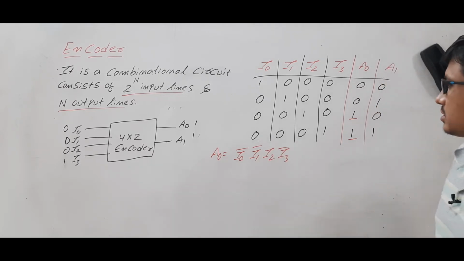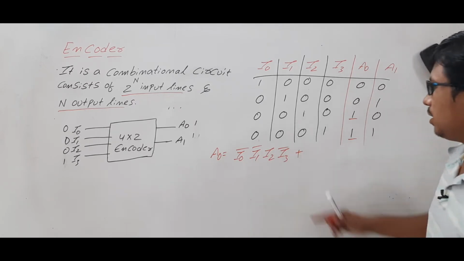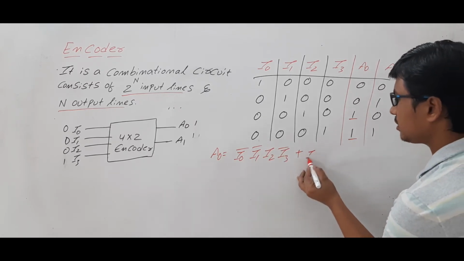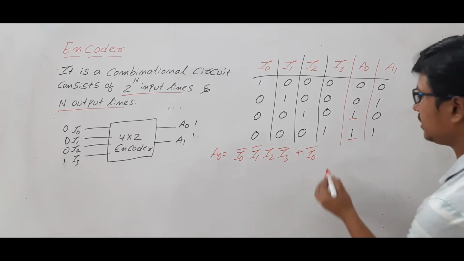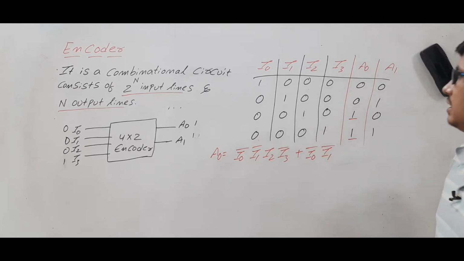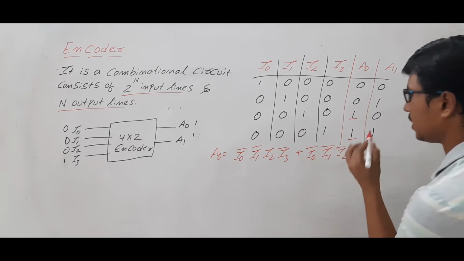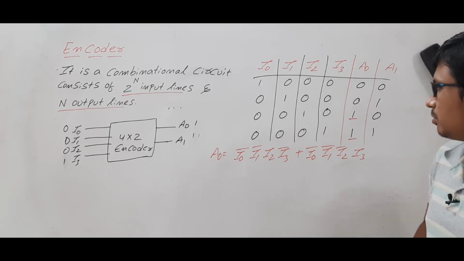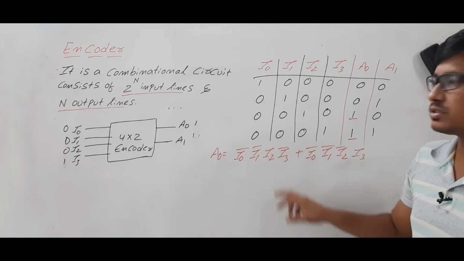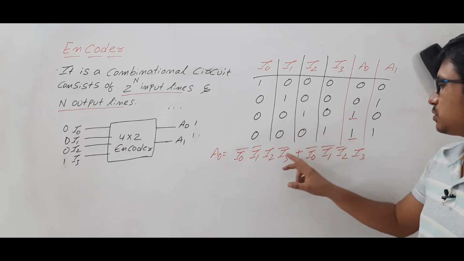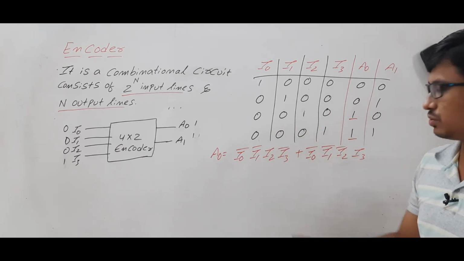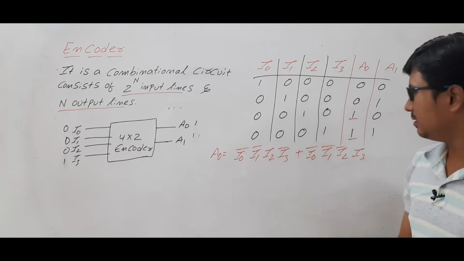Am I right or wrong? Similarly, you have I0 complement, I1 complement, I2 complement, and then I3. This is the A0. Are you able to understand? Because I0 is 0, I1 is 0, I2 is 1, and I3 is 0. So we already know how to represent the minterm.